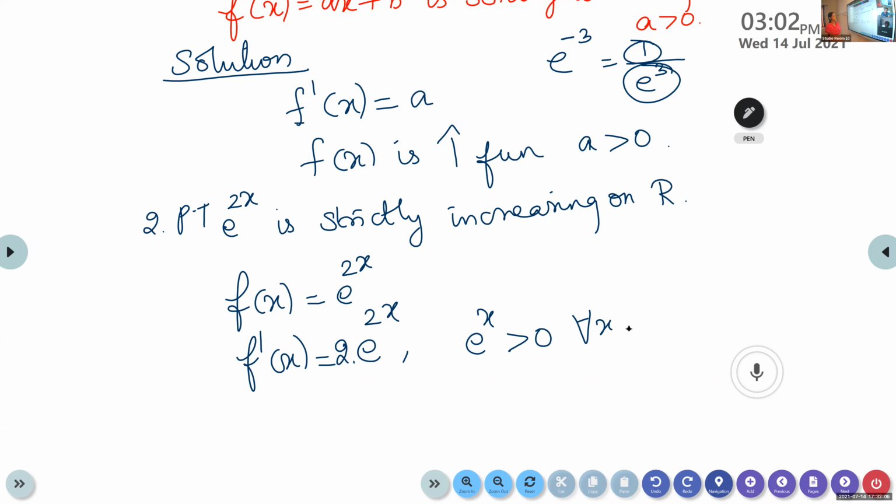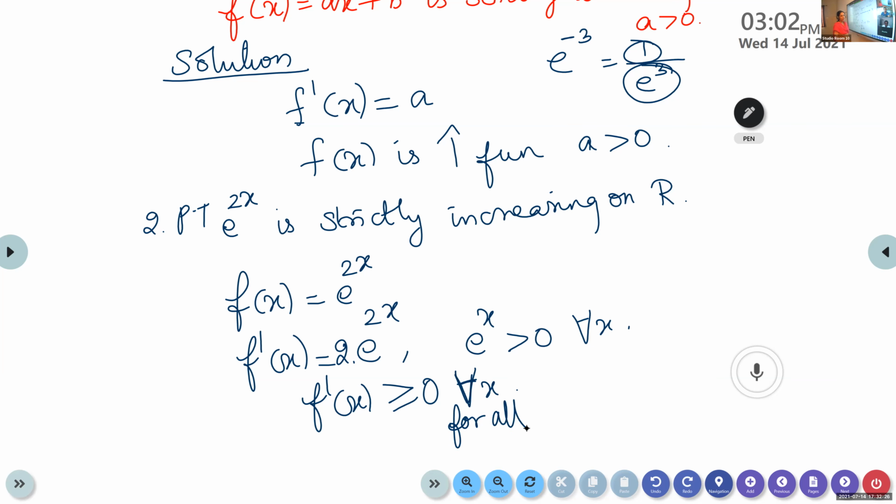So therefore, f dash of x is always positive. It is greater than 0 for all values of x. Okay, look at this symbol, children. Here I wrote like this. This stands for all.